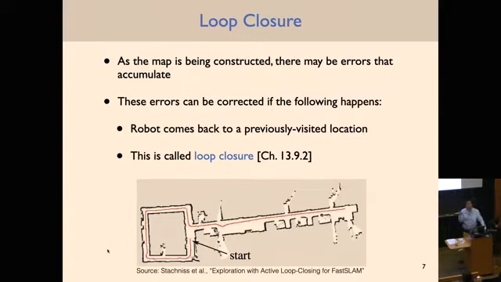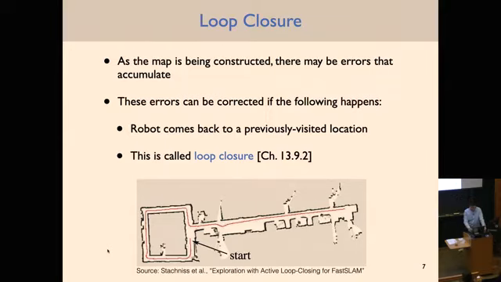This process is called loop closure because you're closing the loop, coming back to some location that you visited before, and that helps you update the estimate that you have for the map and your location as well. It's because you have some particles representing the true map, and those become more likely when you receive new sensor information.